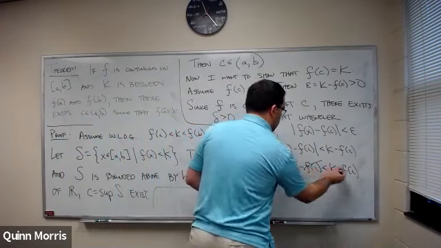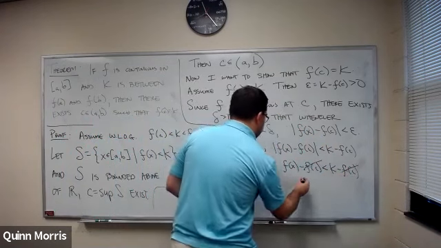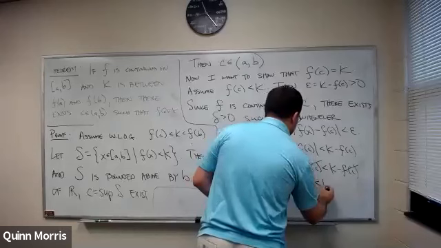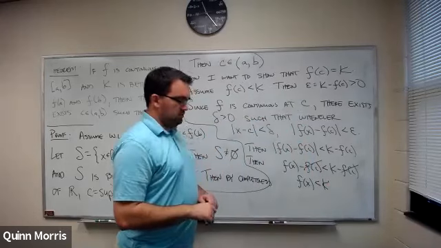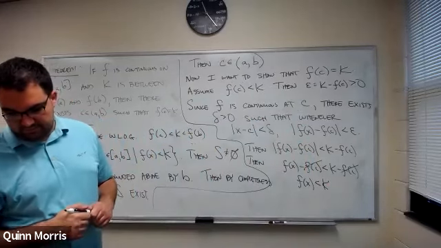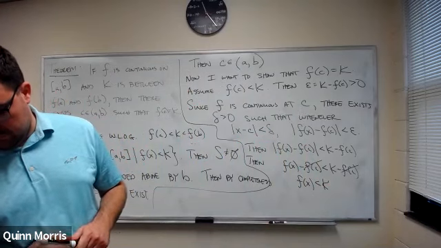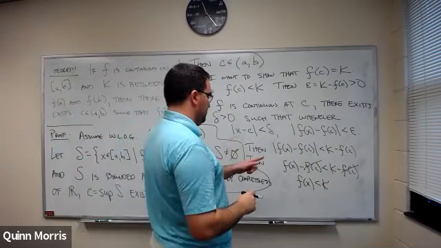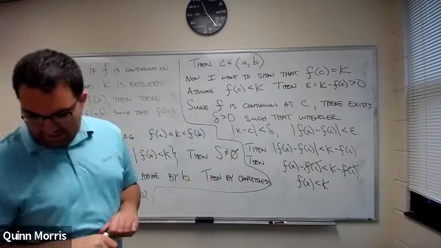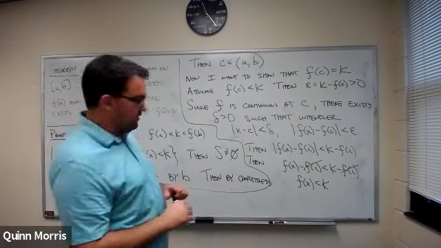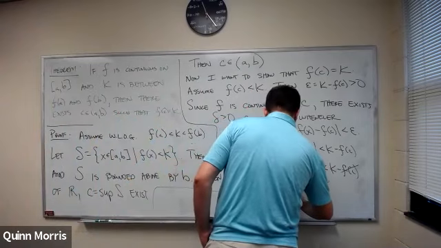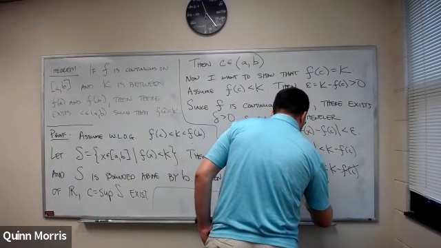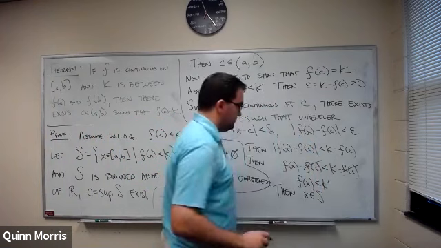And so if I add f of c to both sides, that tells me that f of x is less than k. Okay. Now, why is this a problem? Well, if that happens to be true, then x is in my set S, right?